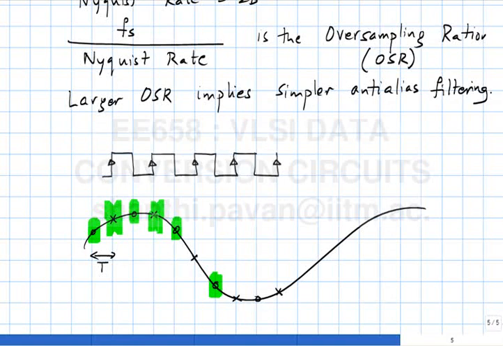If I had m identical sample and holds which can only run at a much lower rate, I can put many of them together, skew their sampling instants in time, and get these m guys to equivalently sample at a much higher rate.